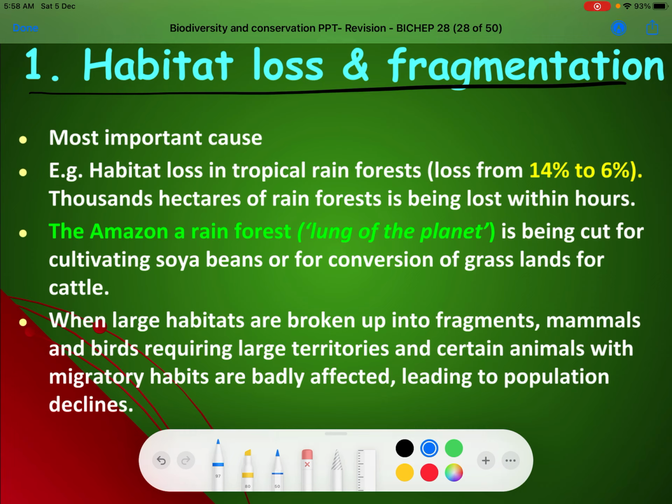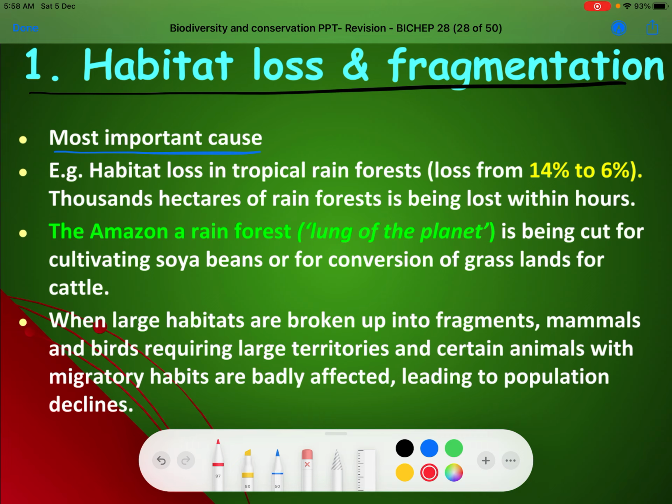Whenever we disturb the habitats where species are living, they are definitely going to go extinct. So it is the most important cause which creates these consequences.